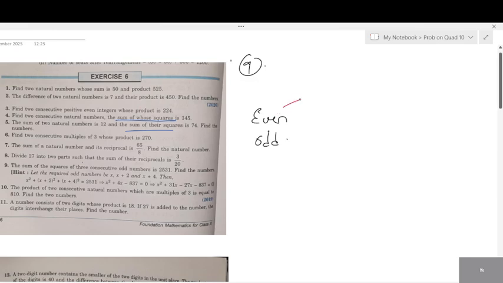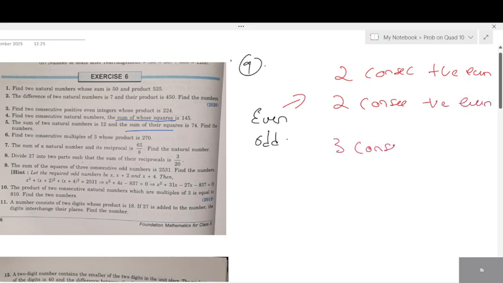But when they ask you to find two consecutive positive even numbers, two consecutive negative even numbers, or three consecutive positive even numbers, three consecutive negative even numbers, this is only for even.